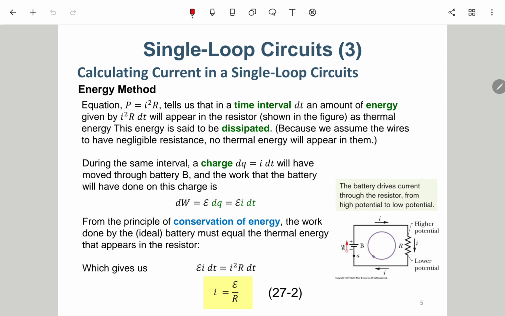So that's the idea of ideal EMF and real EMF device. Here you try to consider it in the energy method. Actually, when I studied circuit theory during my bachelor study, I had not seen this method before.